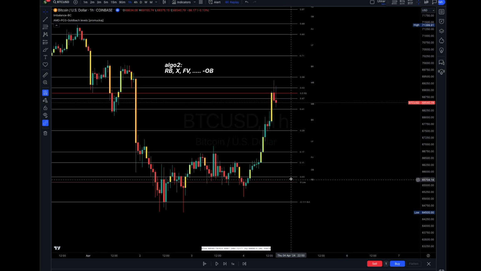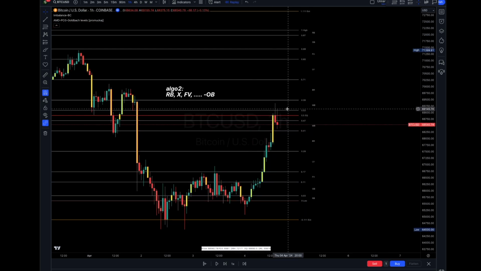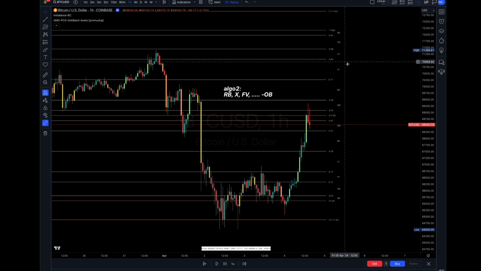So it says the rejection block will form here, the order block will form here, fair value gap, liquidity void, breaker, mitigation block, equilibrium, okay, and then we reverse. Mitigation block, bearish breaker, bearish liquidity void, bearish fair value gap, bearish order block, bearish rejection block into the high.